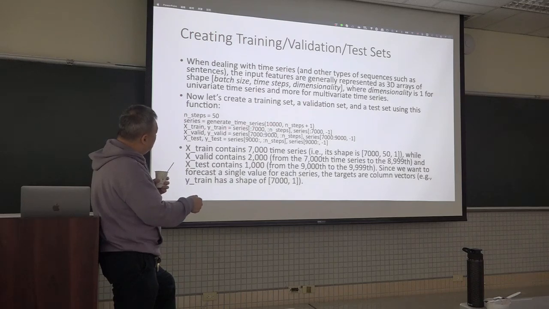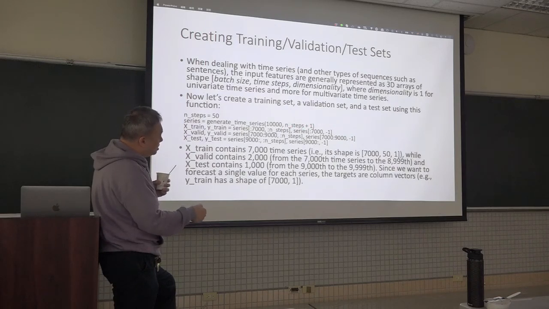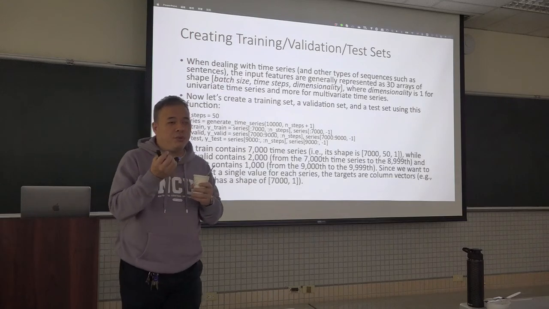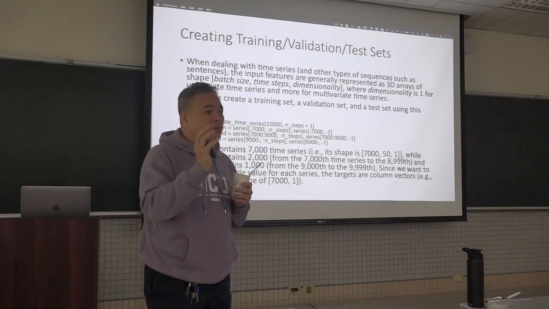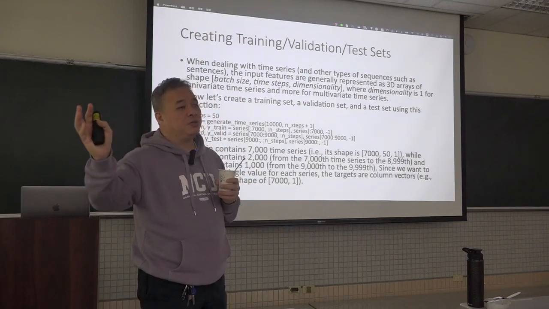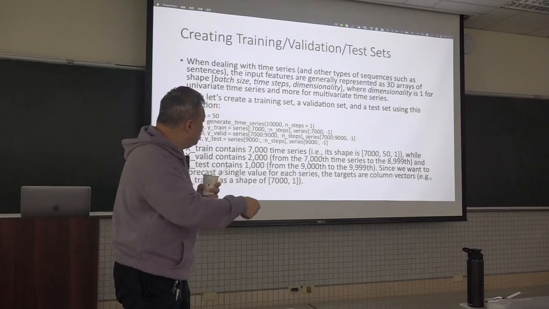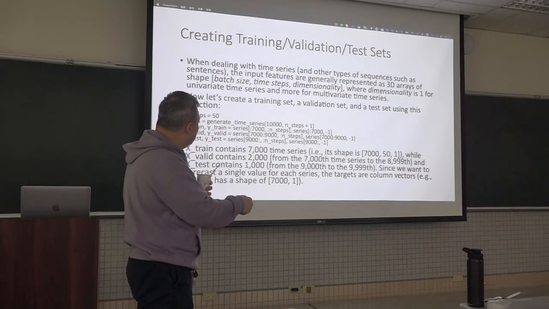We have 10,000 different time series, each with 51 steps, because n step plus 1. Why do we put the plus 1 there? Because we want to look one day into the future. That one additional step represents the ground truth.